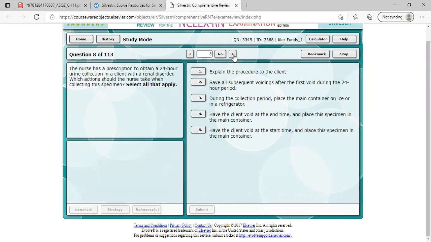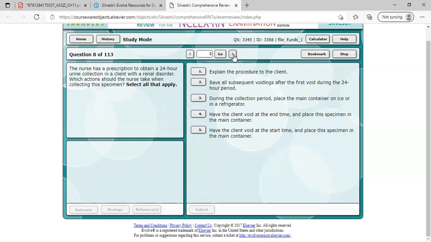What next? Next question here, select all. The nurse has a prescription to obtain a 24-hour urine collection in a client with a renal disorder.